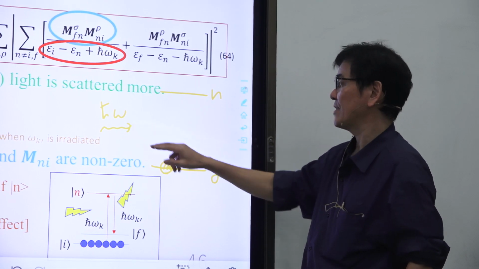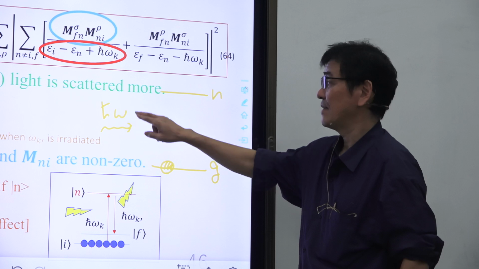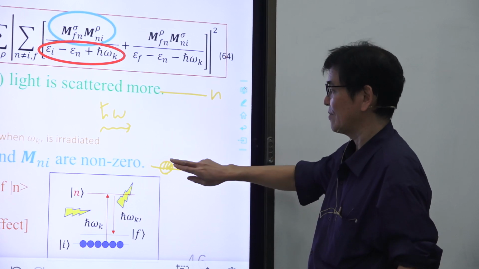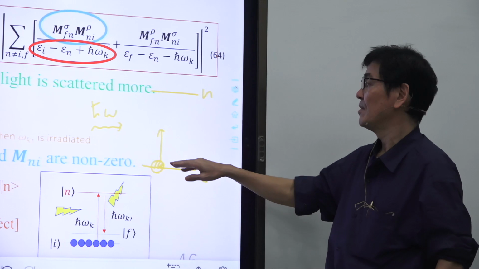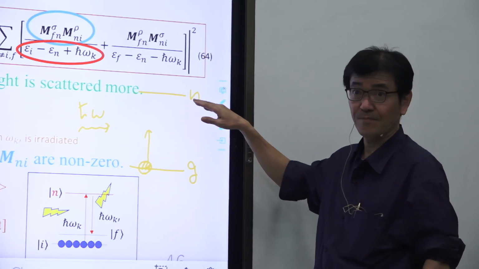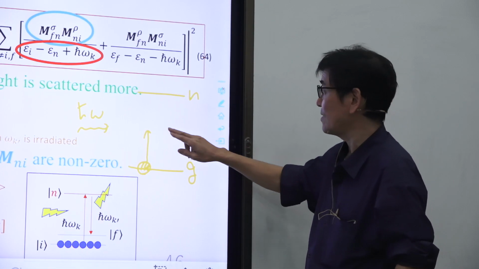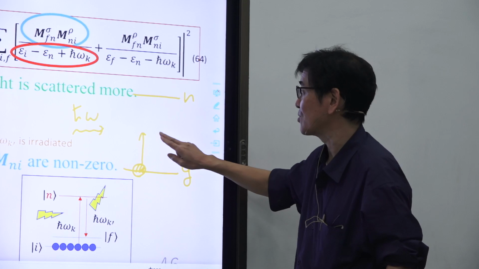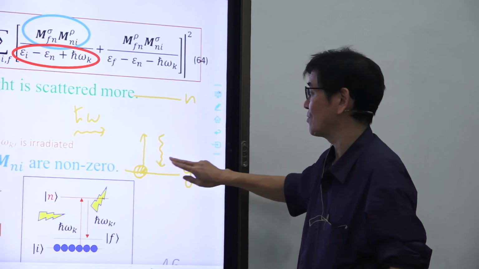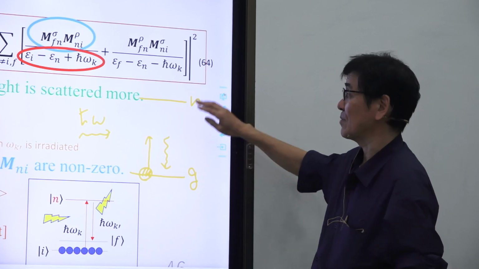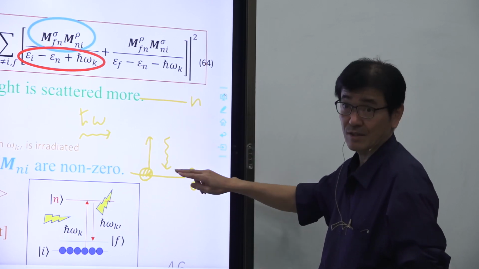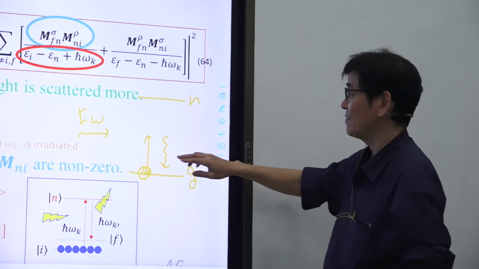The energy of light drives the molecule to the first intermediate state. And this is a scattering process, so there is no real population, and immediately after reaching the intermediate state, scattering light occurs. So this is the Raman process.